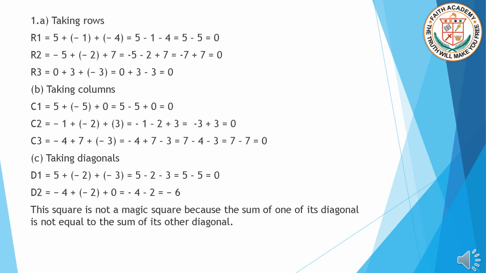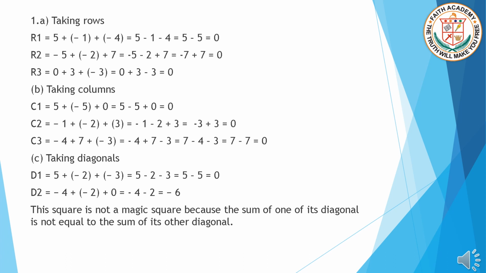In row 3, the sum is 0. Now if we go to the columns, again we'll see the same pattern, that when we add the numbers of column 1, we get the answer as 0. And when we add the numbers of column 2, we get the answer as 0, and when we add the numbers of column 3, we get the answer as 0.